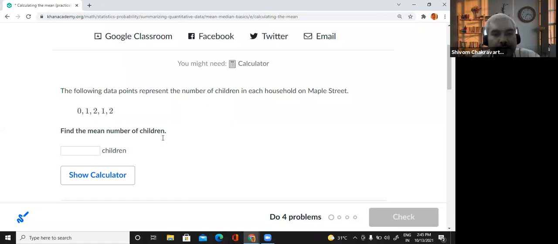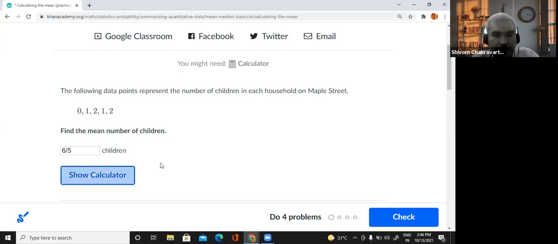You will add everything. So 0 plus 1 plus 2 plus 2 plus 2, it becomes 6, right? And there are 5 families: 1, 2, 3, 4, 5. 5 families. So the average number of children is 6 by 5.